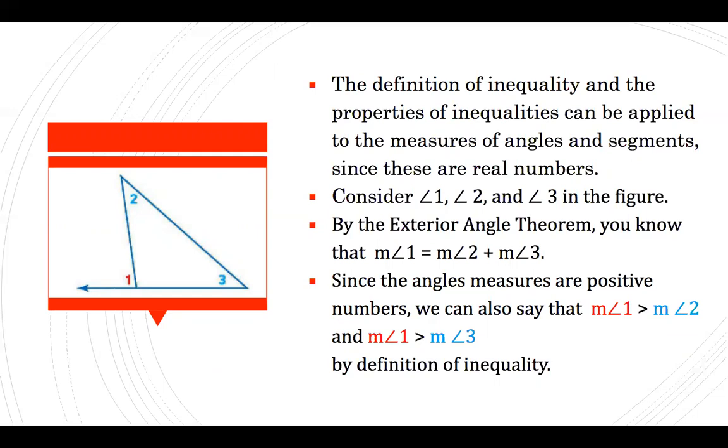So because those are equal, then I know that angle 1 is greater than angle 2, and angle 1 is also greater than angle 3. So what I did was I took the exterior angles theorem, applied the definition of inequalities, which I can do because they are real numbers.